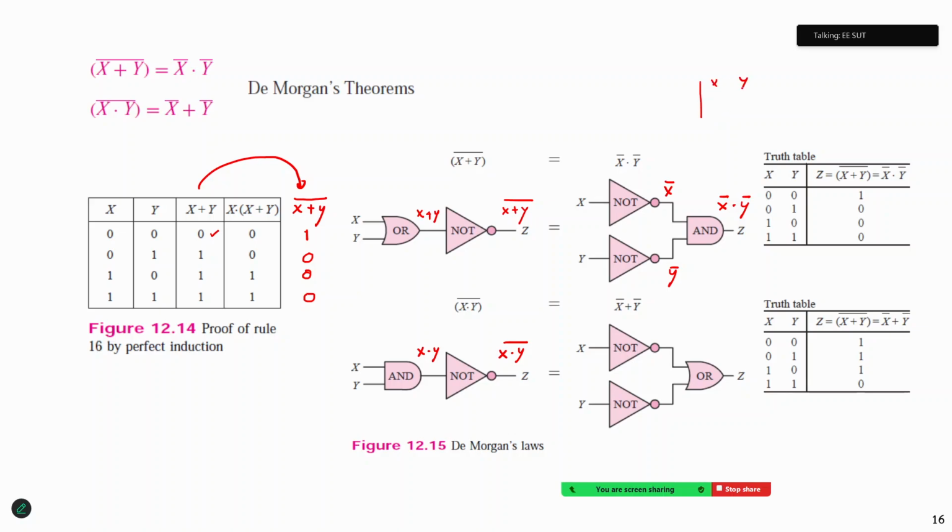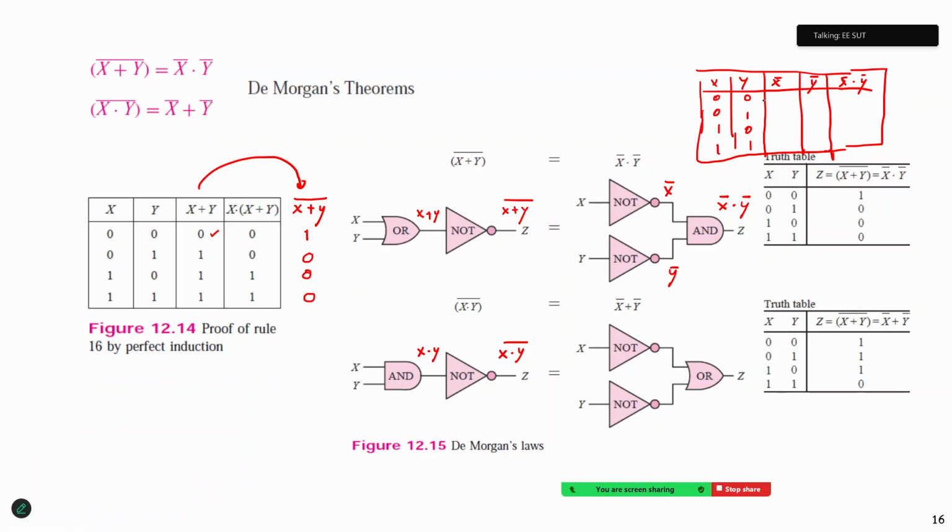X and Y: 0 0, 0 1, 1 0, 1 1. And I want to get X bar, and then Y bar, and X bar into Y bar.